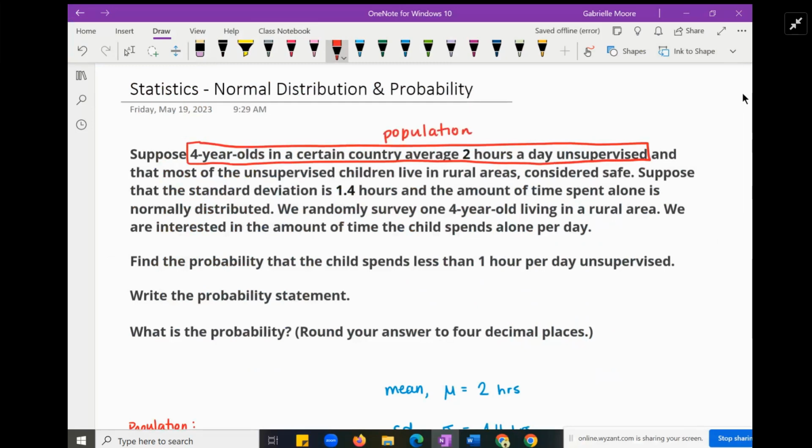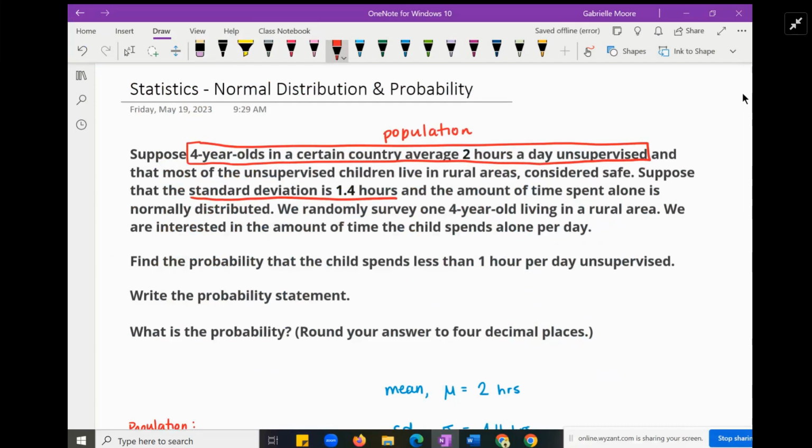Basically, this is telling us the population of study are 4-year-olds. The interest here is the number of hours that these 4-year-olds are unsupervised, and therefore the average value is the population mean, right? What we would also call the parameter. Another parameter in this case is the standard deviation.